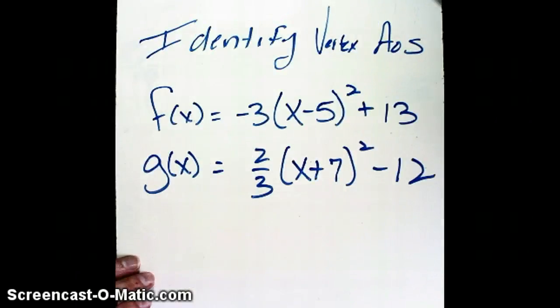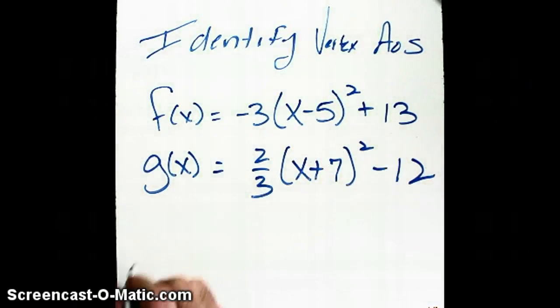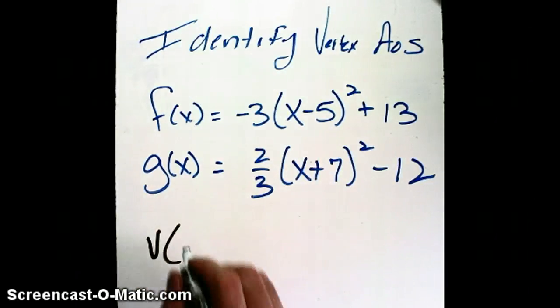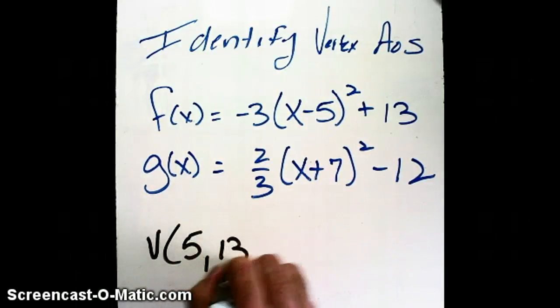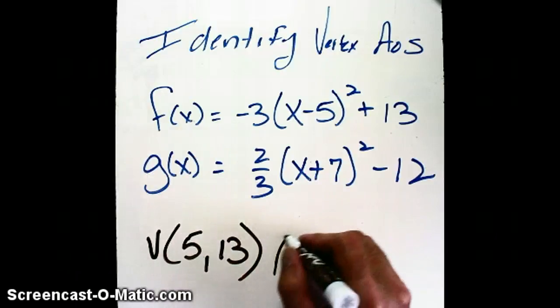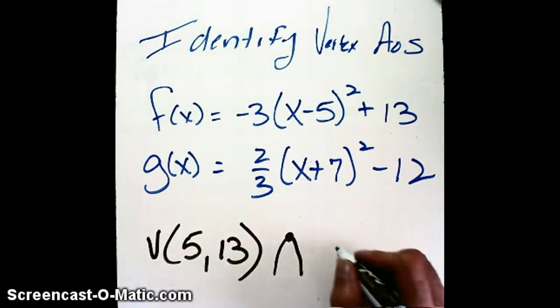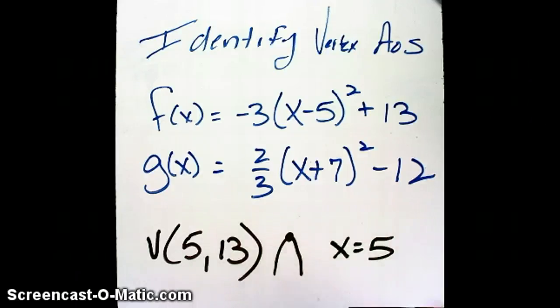All right, this is a short segment. Identify the vertex and axis of symmetry. Well, in this case, h comma k. So for the top one, v would be 5 comma 13. And because it's negative, it's going to be this way. That would be a maximum, right? And the axis of symmetry would be x is equal to 5.